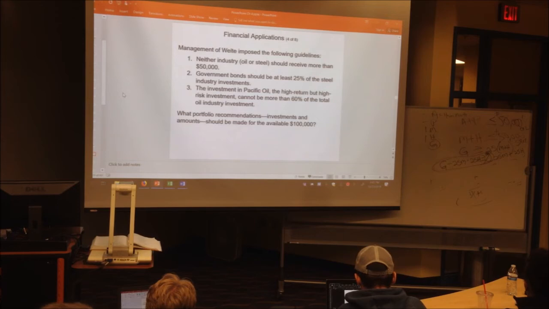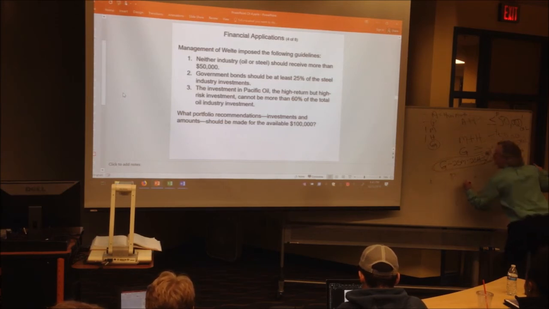Here's the next one. The investment in Pacific Oil, which is the P, is a high return, high risk investment, and it cannot be more than 60% of the total oil industry, just like it reads.